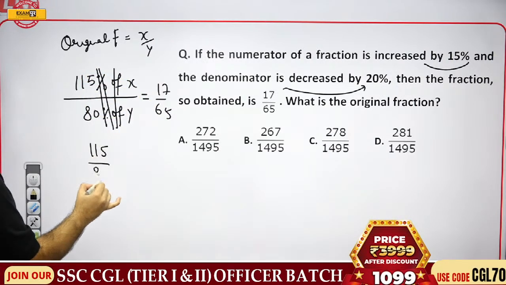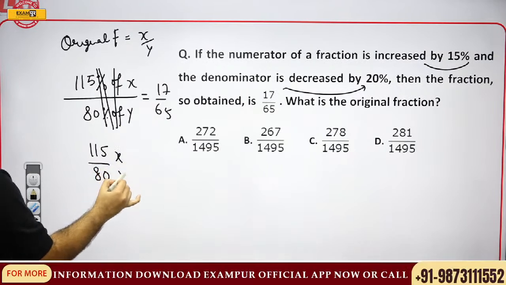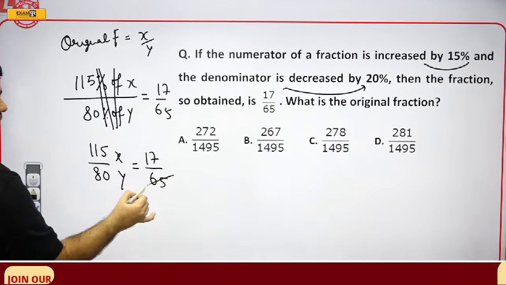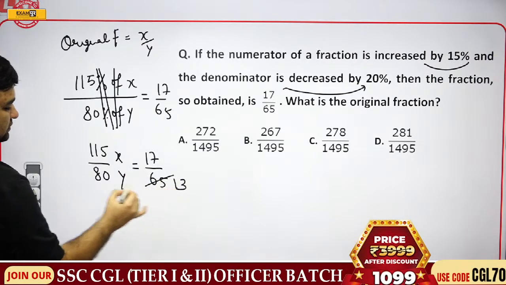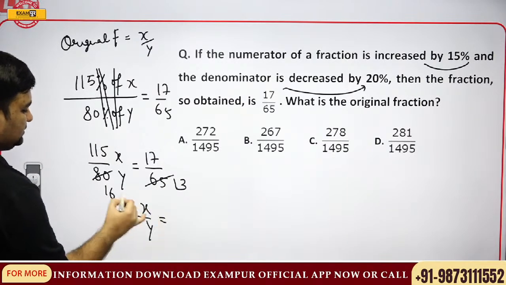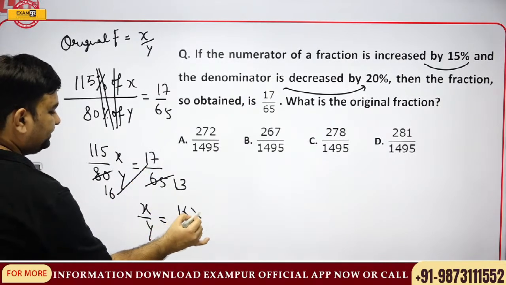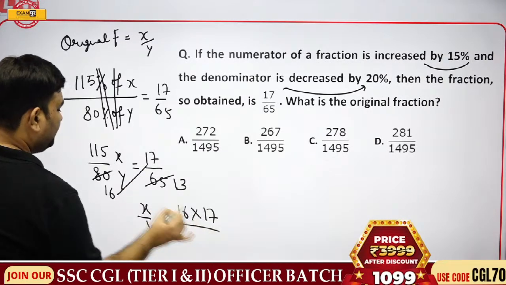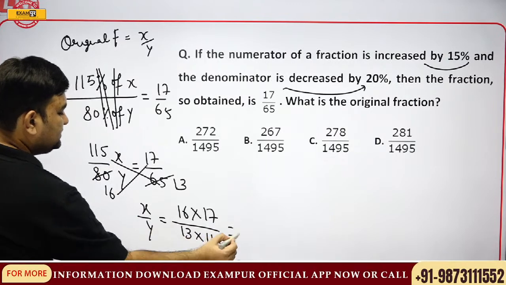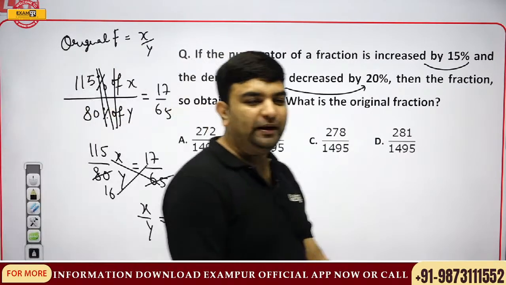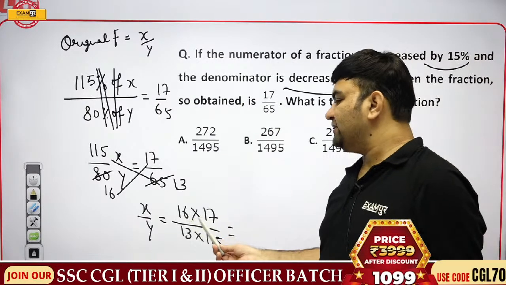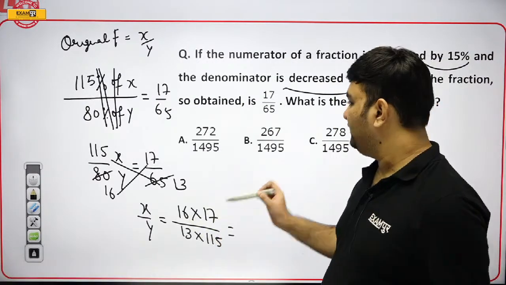115 upon 80 x by y is equal to 17 by 65. So x over y is 16 into 17 upon 13 into 115. 16 square is a pretty easy number, 256. 256 plus 16 more, 272.